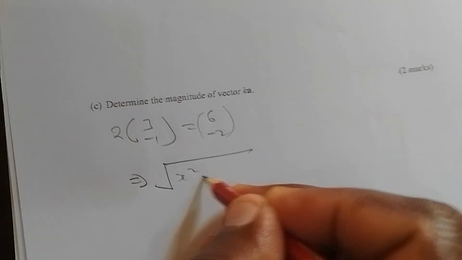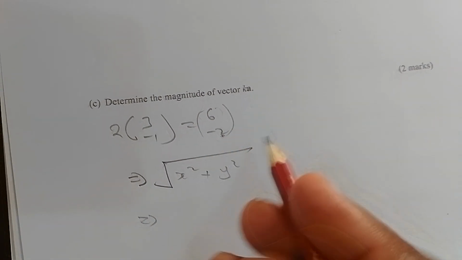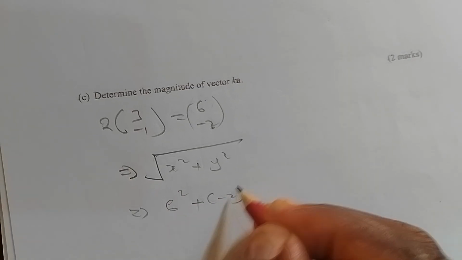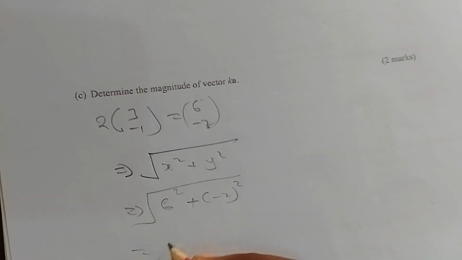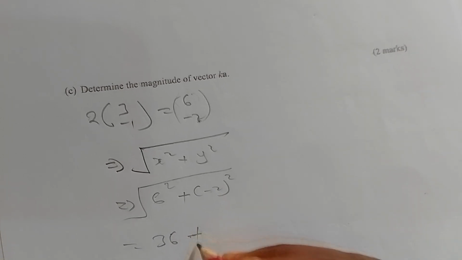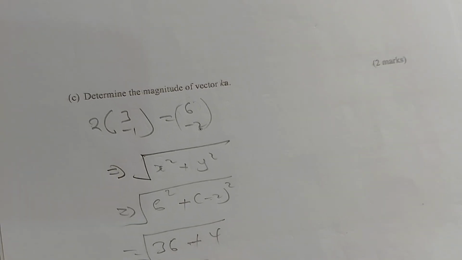Here this is our x value and this is our y value. So I will take 6 squared plus minus 2 squared. This will give us 36 plus 4, which gives us the square root of 40.